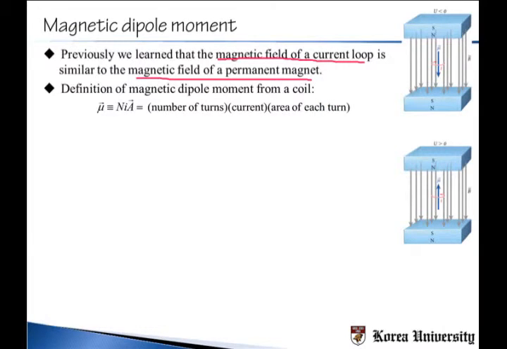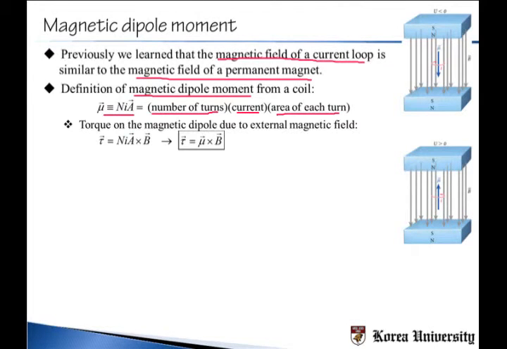Based on this idea, we will define the magnetic dipole moment of a coil as the multiplication of the number of turns, the current, and the area of each turn. It can be mathematically written this way, and we will use the symbol mu vector to represent the magnetic dipole moment.